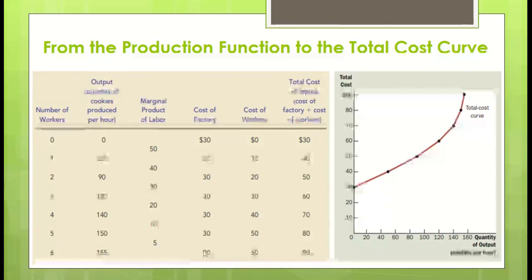And the cost of factory, again it is constant, it remains constant throughout this table as you have seen here. And the cost of workers is now $60.